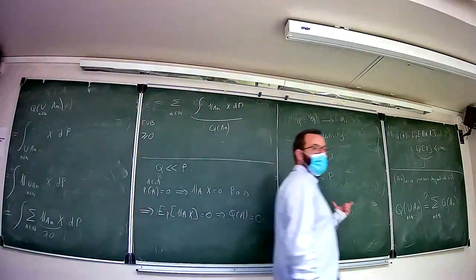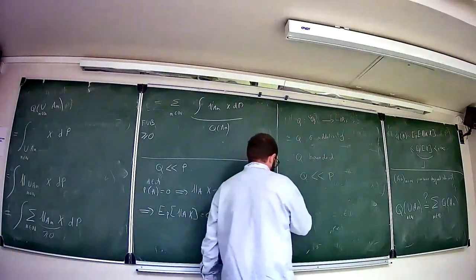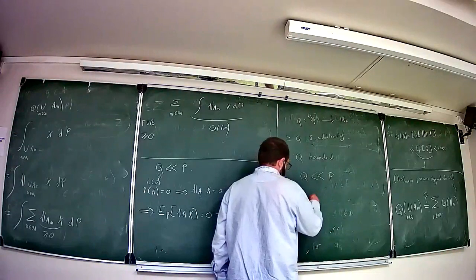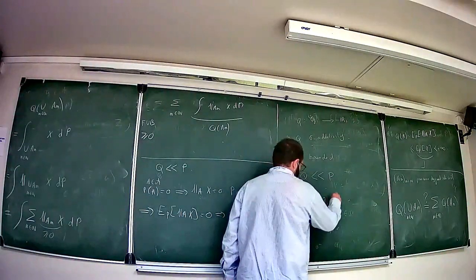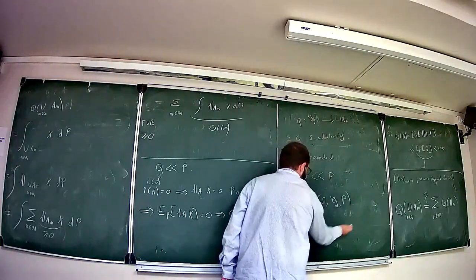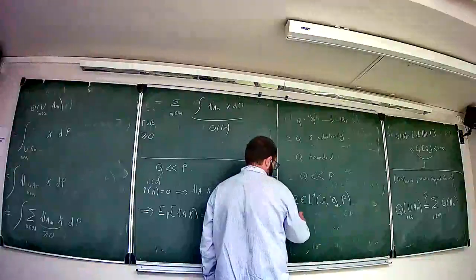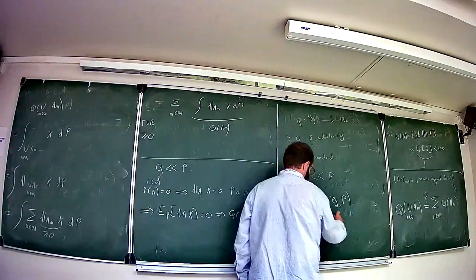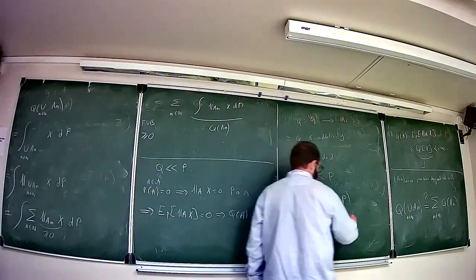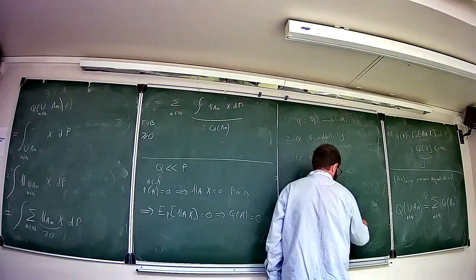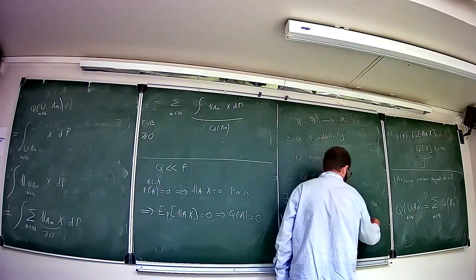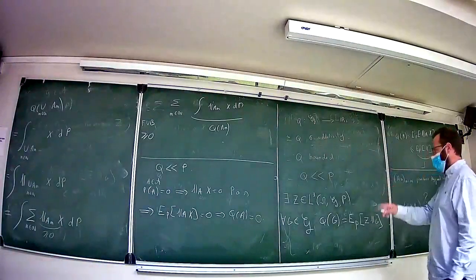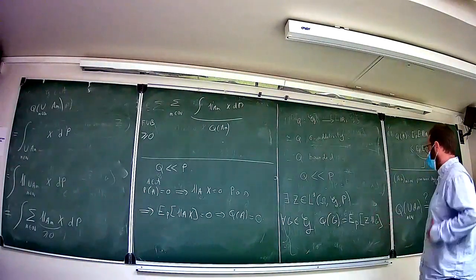And what is the meaning of the Radon-Nikodym theorem? The Radon-Nikodym theorem tells you that there exists Z belonging to L1 of omega, J, P such that for all J belonging to calligraphic J, Q of J is equal to the expectation under P of Z indicator function of J. There exists a Z such that I have this.